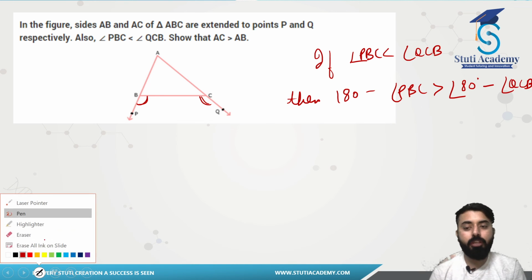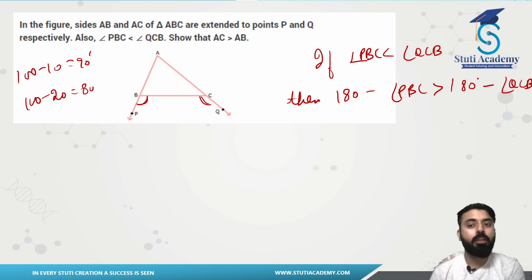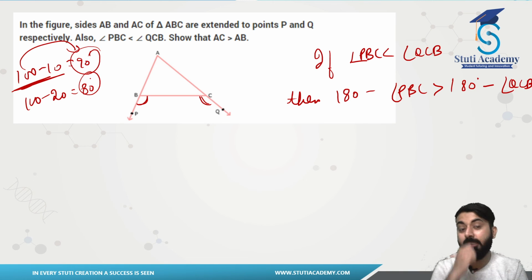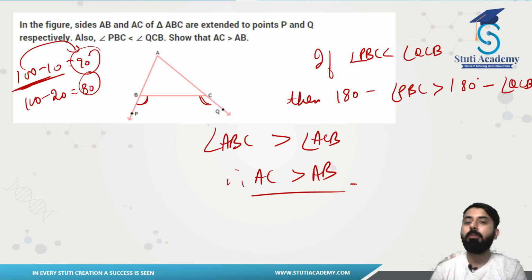If you have 10 and another value 20, and you find the difference from 100, then 100 minus 10 will be 90 and 100 minus 20 will be 80. So the difference from the smaller value is always the greater one. So this implies angle ABC is greater than angle ACB. Therefore, AC is greater than AB. Right, this is what we had to prove.